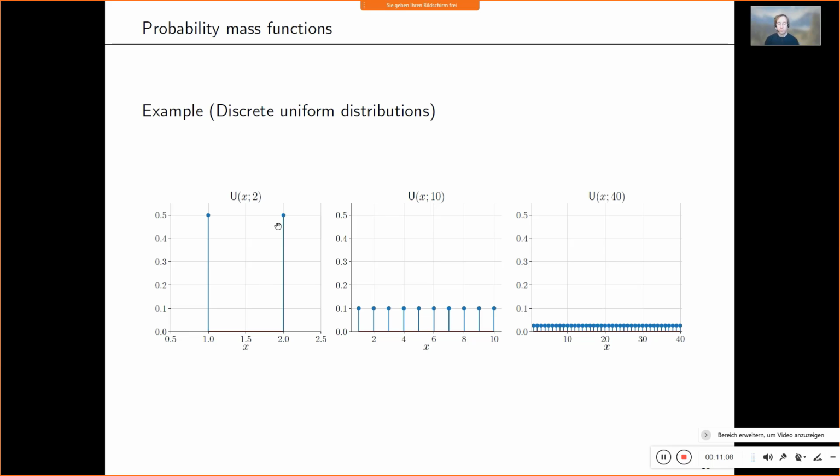So this is why these stem plot representations of discrete distributions make a lot of sense. They even make a little more sense than the bar-like representations, which always cover some extended aspect on the x-axis, which is not really what's happening in a probability mass function.